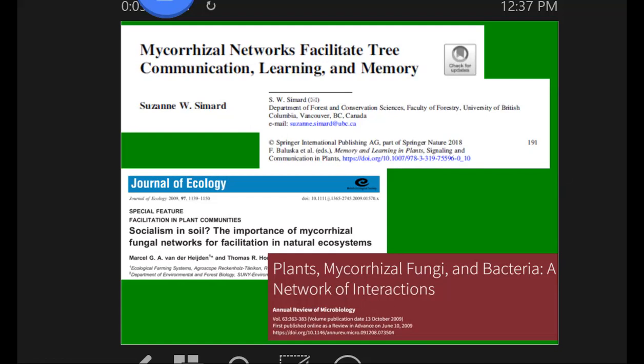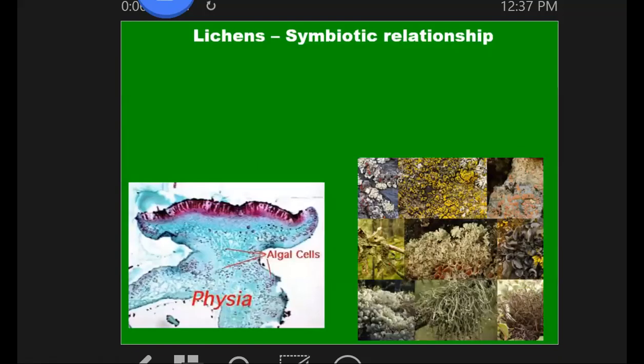All right, so fungi, incredibly important to plants. So we also need to think about how fungi can interact with other organisms and form a very interesting symbiotic relationship.